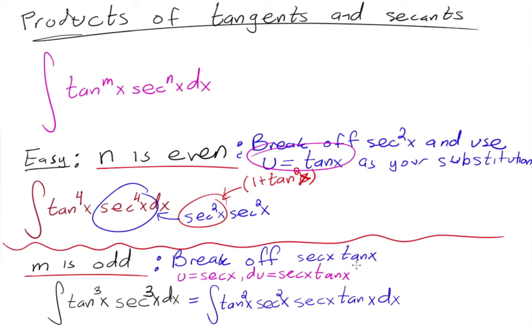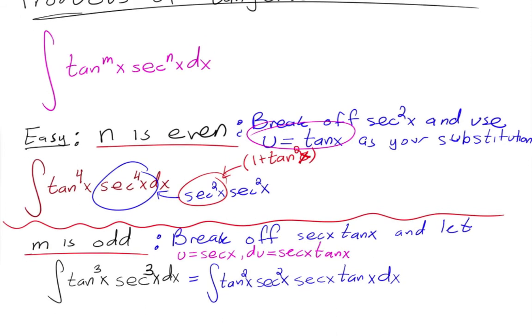If I let u equal secant x, du is secant x tan x dx. Would that work out? This would always work out, because this right here is secant x tan x dx, that's du, and u is secant x. And then what would I do with the extra tangent squared? Tangent squared is equal to what?